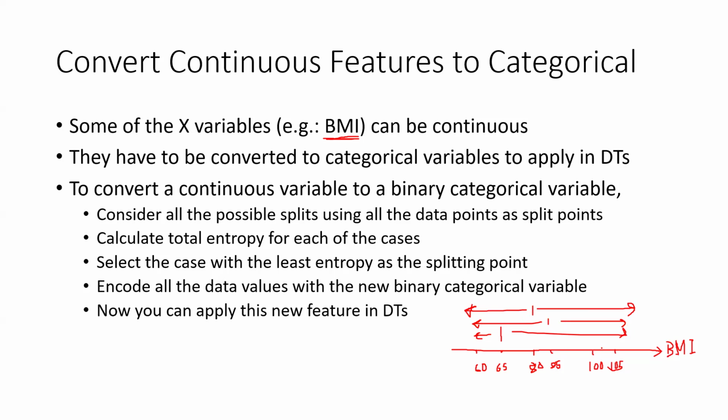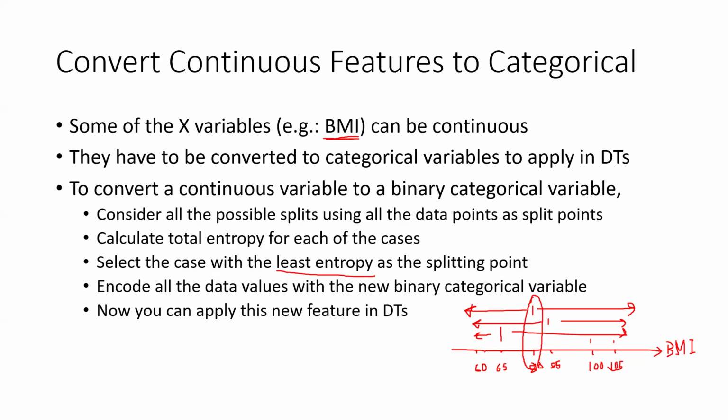So by taking each of the data points, you can find the impurity in the y variable, right, for all the data points. Then we can find the splitting point which has the least entropy, right?